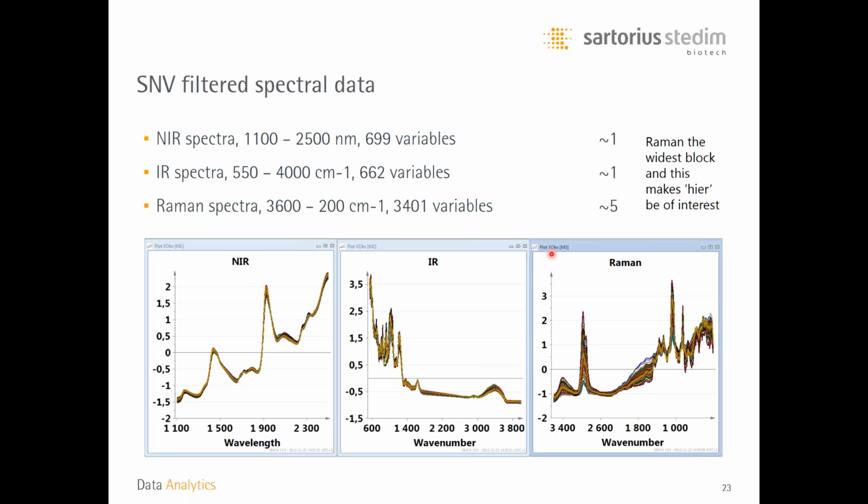Roughly simplifying a bit, we can say that we have roughly a 1 to 5 relationship among the 5 spectral blocks. And if we're not doing anything and just co-analyzing all the data side by side, there is a risk that the Raman variables will dominate for purely numerical reasons. So the fact that the Raman block is the widest block makes the hierarchical modeling approach of interest.